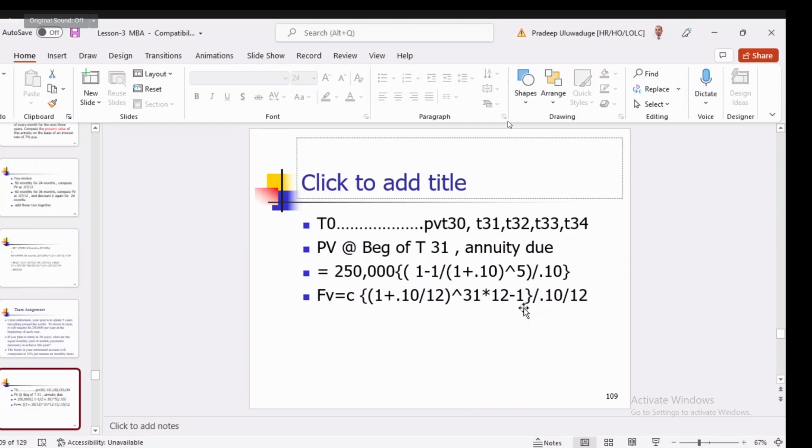So since you divide R by 12 and you have 30 years, you have to multiply by 12 because it's on a monthly basis, minus 1, divided by R over 12. So when you solve this, you get the answer. What is the monthly payment that you have to make?